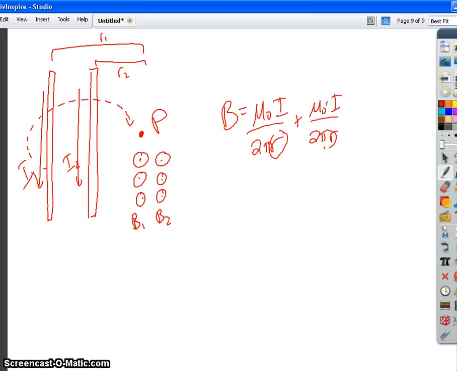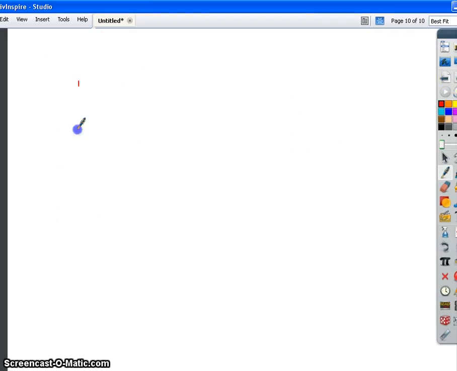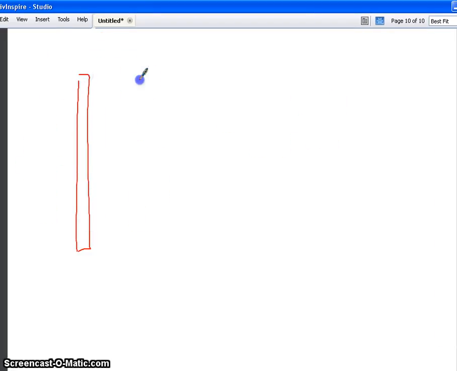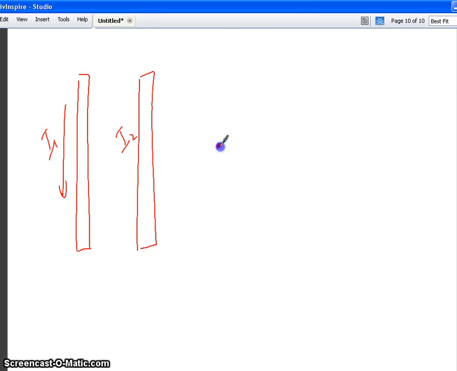On the flip side, if I had 2 different wires, let's do a similar problem. Currents going this way in one, currents going this way in another. We have point W, and we have R1 and R2. This current's going up.